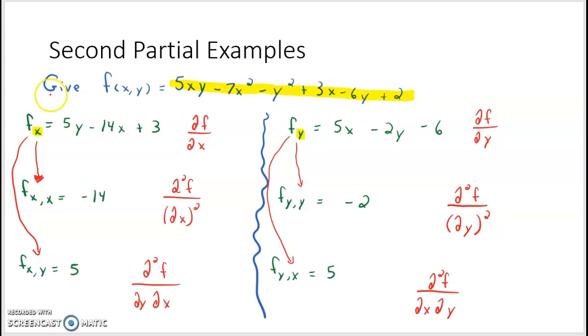Okay. One thing you might notice here that's kind of interesting is the mixed second partial is the same. So f sub xy is the same as f sub yx. So that mixed partial gives you the same thing.